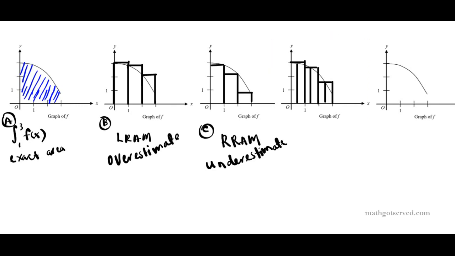Okay, so how does this compare? This is the midpoint rectangular approximation, option D. MRAM is somewhere between LRAM and RRAM. So let's write that as an inequality.